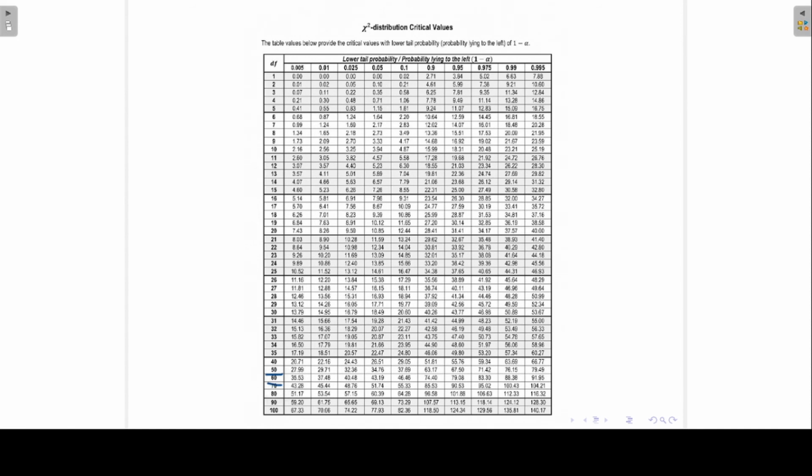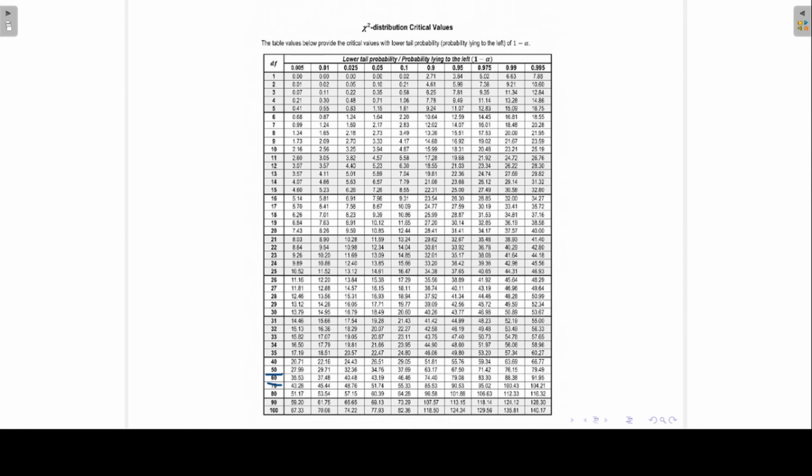So we are actually looking for 59 degrees of freedom. Because we don't have a 59 here, we will just work with 60 degrees of freedom. That's the closest we can get with this table. Of course, if you make use of software, then you can get the exact chi-square value. But for now, we will just work with 60 degrees of freedom.